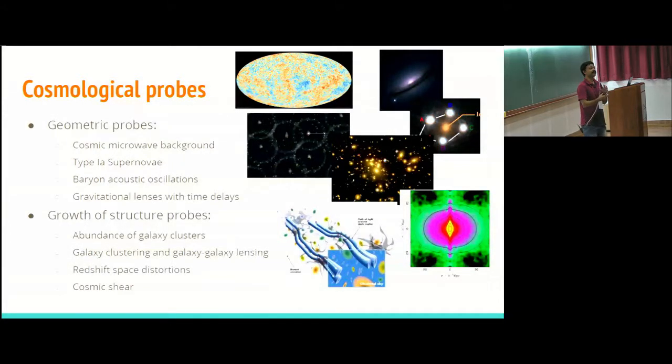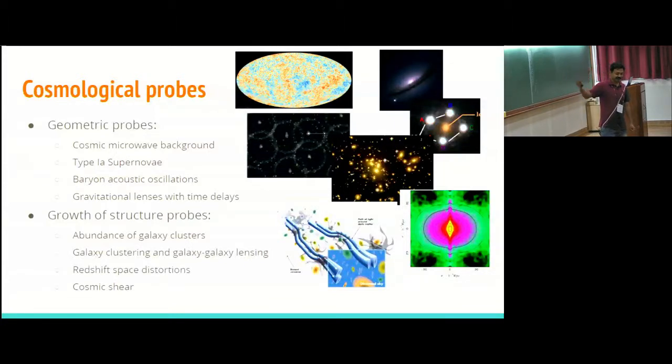You can use these time delays between the different images to learn about the angular diameter distance ratios in particular between the lens galaxy, for example the yellow blob here, and us, and the source, which is these quasars that you're seeing, and us. So these are the geometric probes.